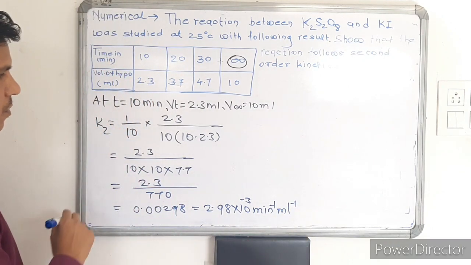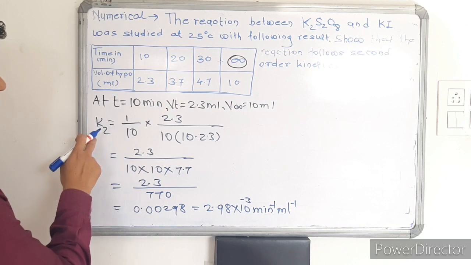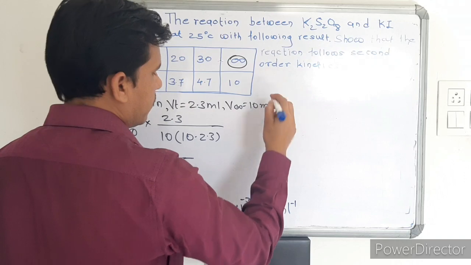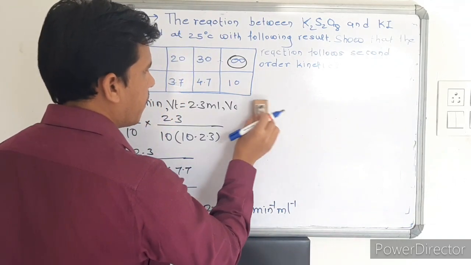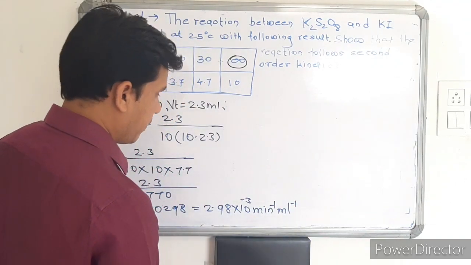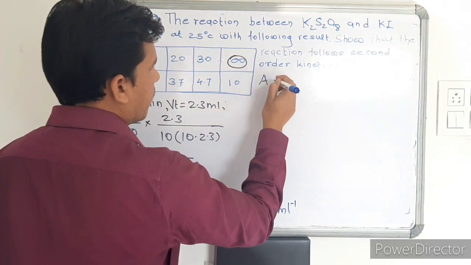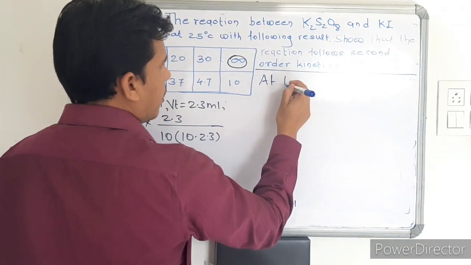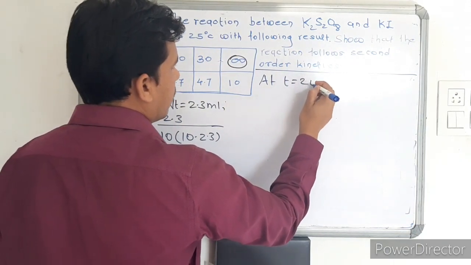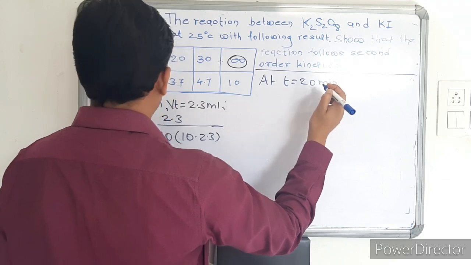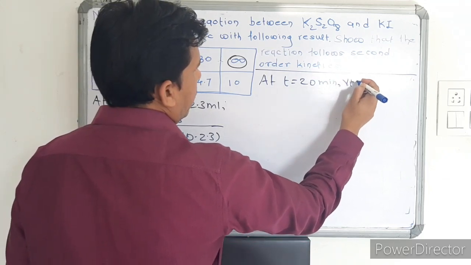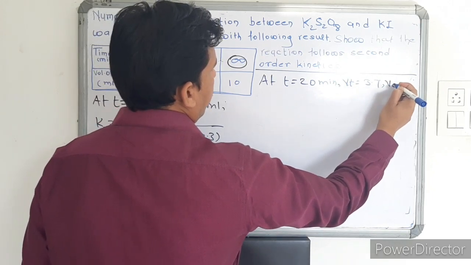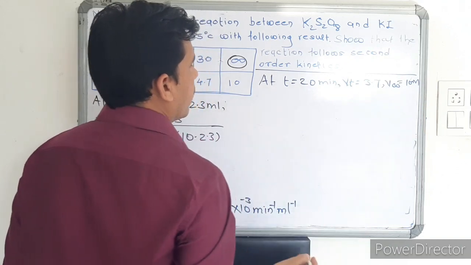Okay. In the same way, we can find out the rate constant at time t is equal to 20 minutes, Vt is equal to 3.7 and V infinity is equal to 10.